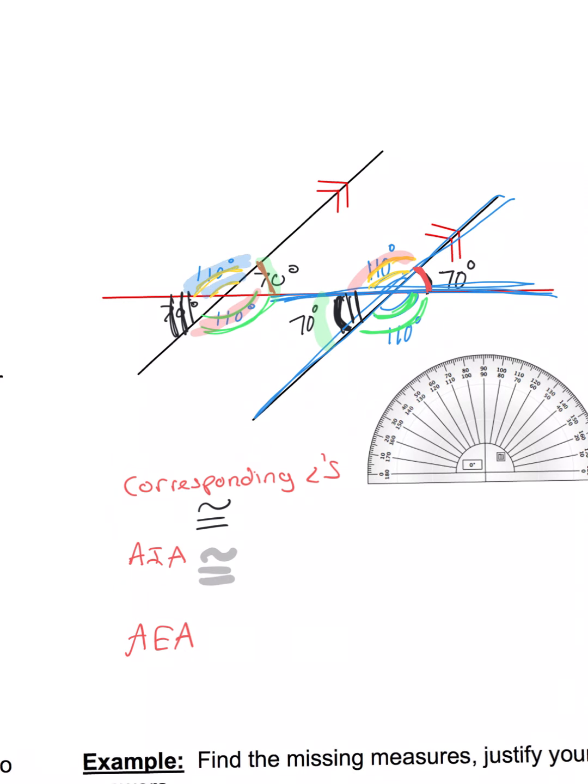If you can see this blue that I'm highlighting over here, that's on the outside of these two parallel lines and on different sides of the transversal, and they are both 110. Another pair of alternate exterior angles would be this pair that were both 70. So alternate exterior angles are also congruent.